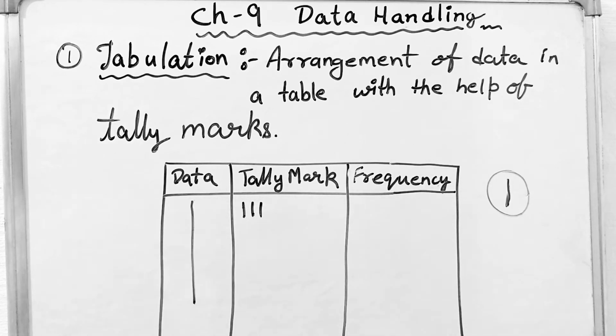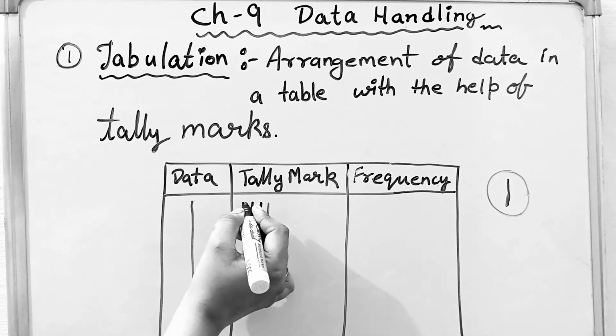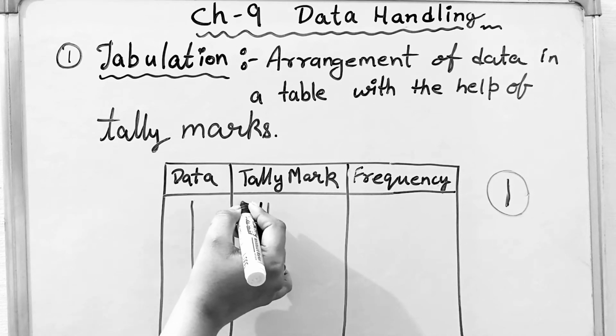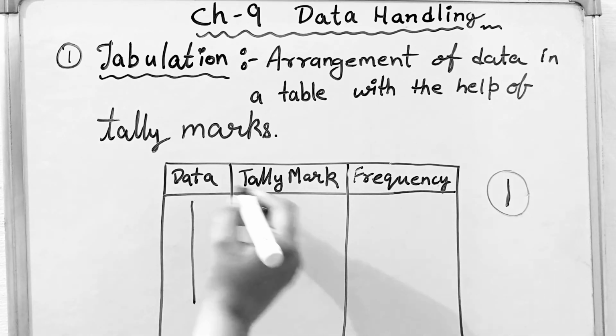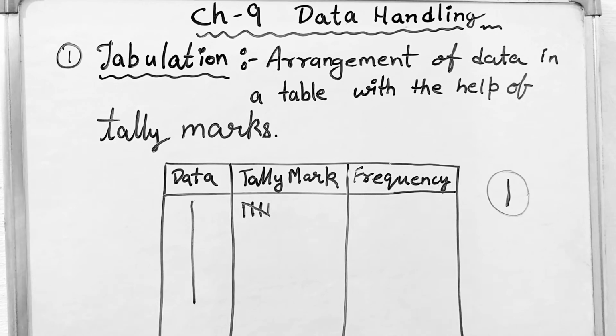Now what is the speciality about this tally mark? After every fourth tally mark, the fifth tally mark will be a slanting line that will cut the previous 4 tally marks and make a bunch of 5 tally marks. Why do we do it like this?